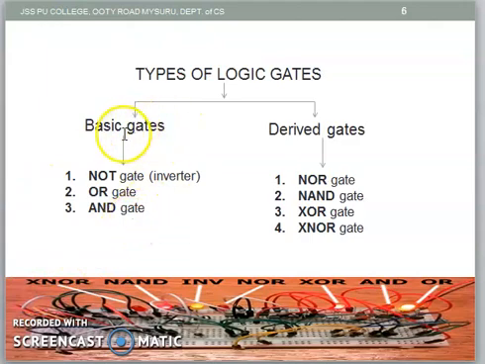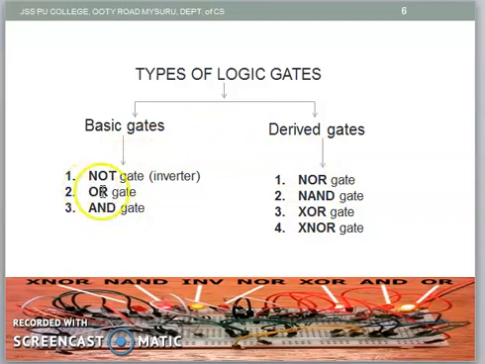The basic gates are further classified into 3 types: NOT gate, OR gate, AND gate. And derived gates are further classified into 4 types: NOR gate, NAND gate, XOR gate and XNOR gate. Why are these called derived gates? Because these gates are constructed using the fundamental or basic gates.